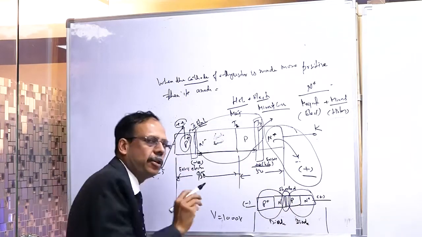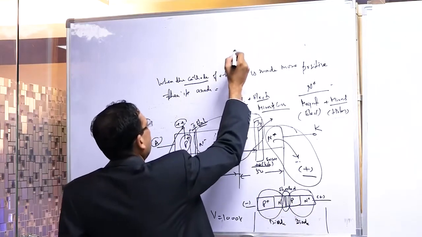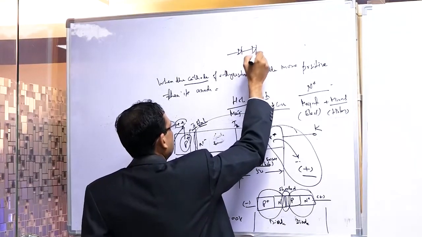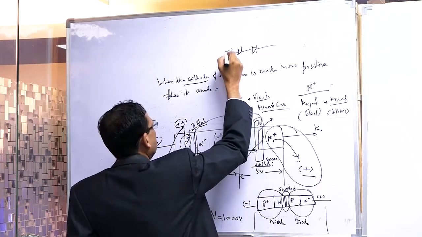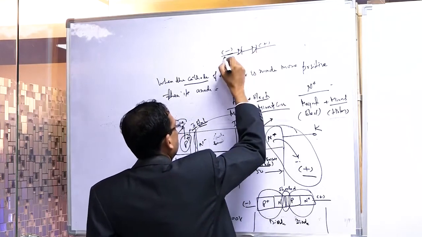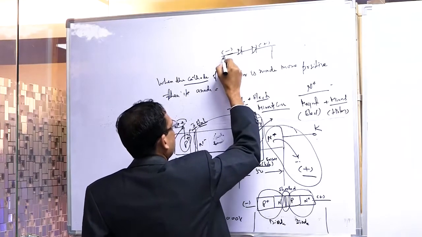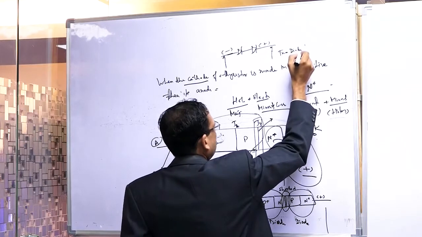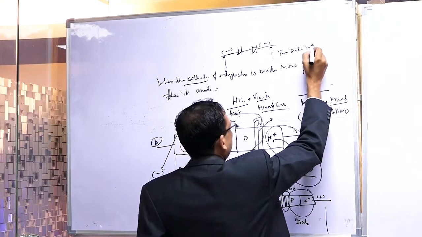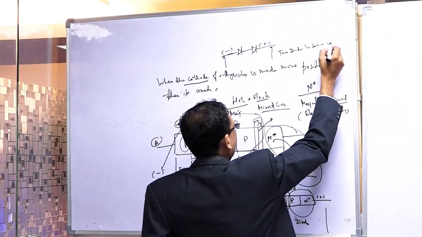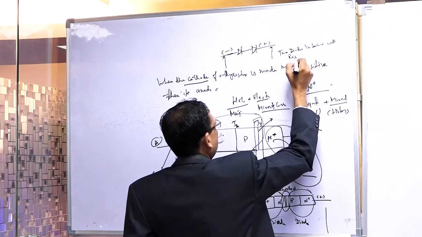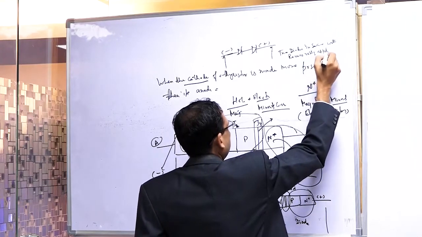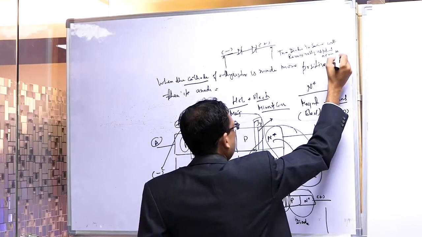So the equivalent electrical circuit of this is going to be two diodes in series with reverse voltage applied across them.